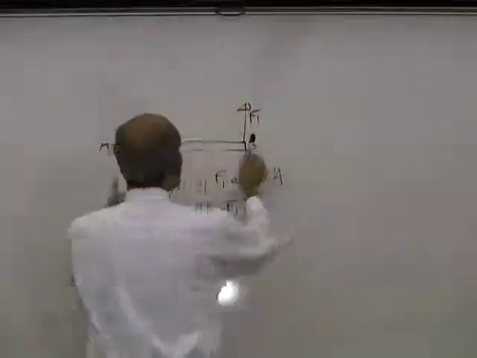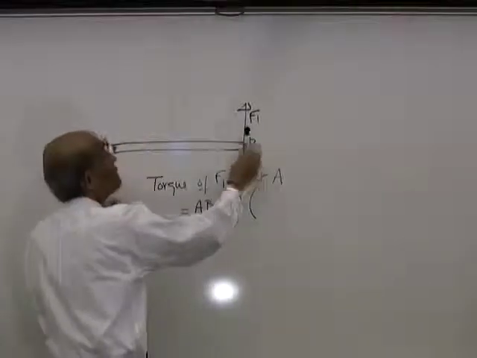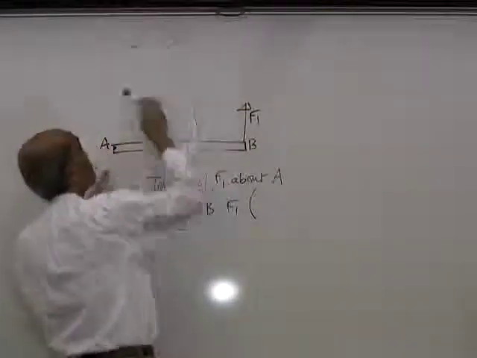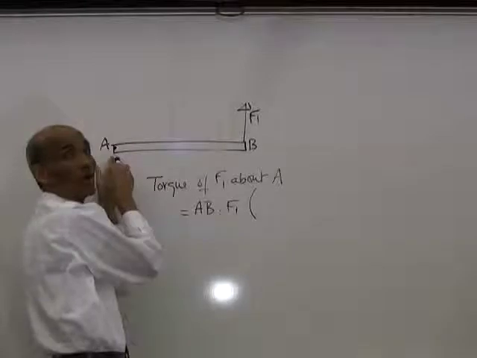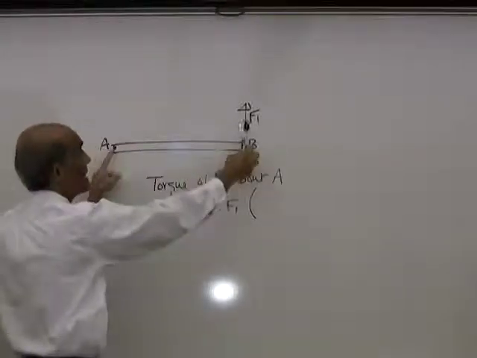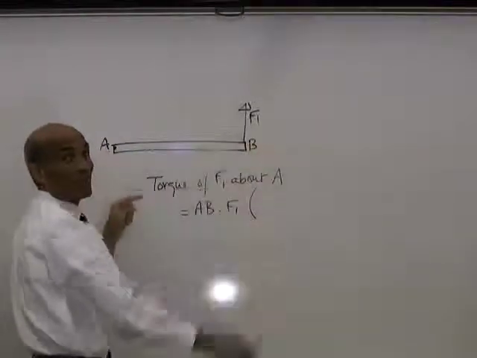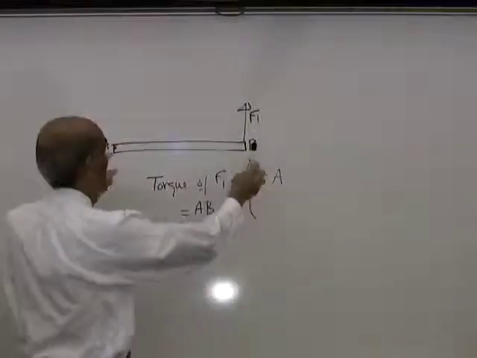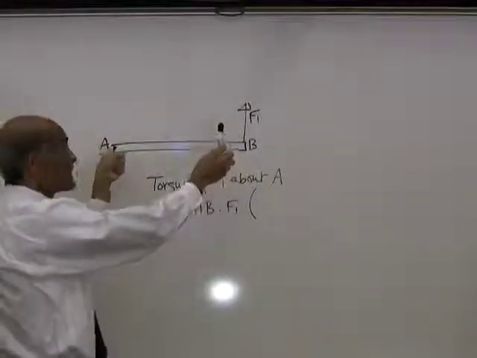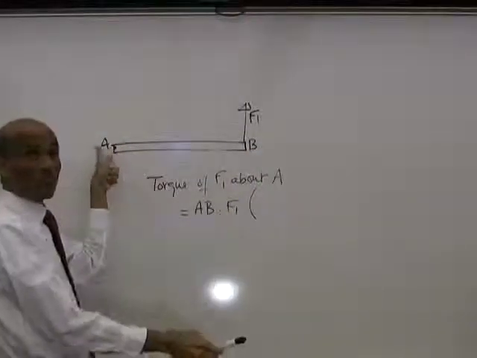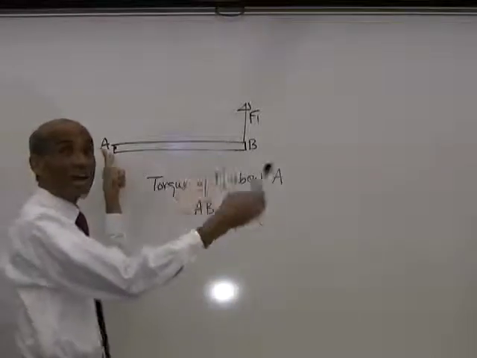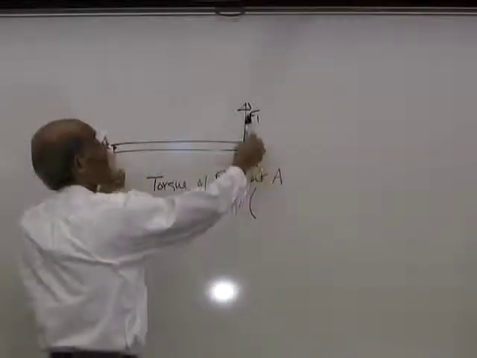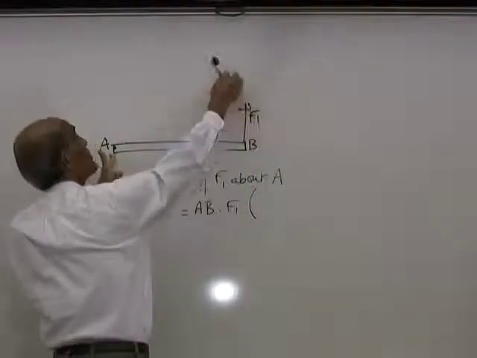Tell me, what kind of a rotation is this F1 producing about this point A? Watch my right hand. Well, my right hand will look like my left hand for you. Now, I'm going to point at A. That is my fulcrum. That is where the axis of rotation is. Now, look at the way F1 is going to rotate.